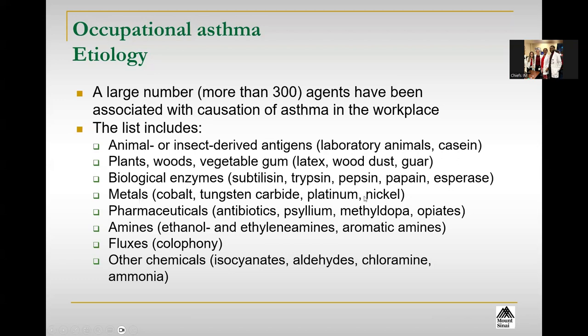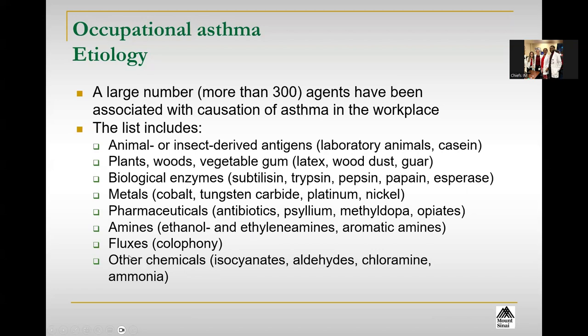Metals, including cobalt, tungsten carbide, some metals like platinum and nickel. Pharmaceuticals, in the manufacture of antibiotics, etc. Amines like ethanol and ethylene amines, aromatic amines, colophony used in soldering.